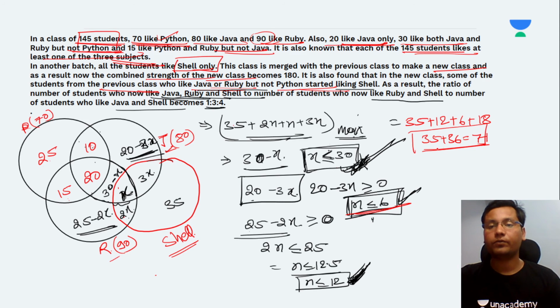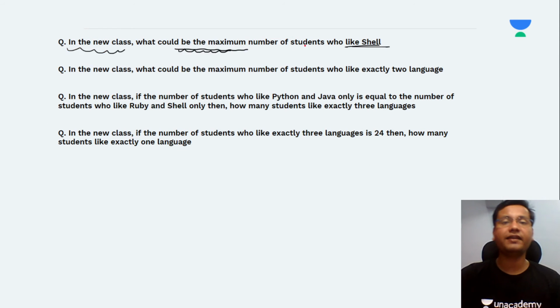So the maximum number of students who like only Shell is 71. 71 is the correct answer.